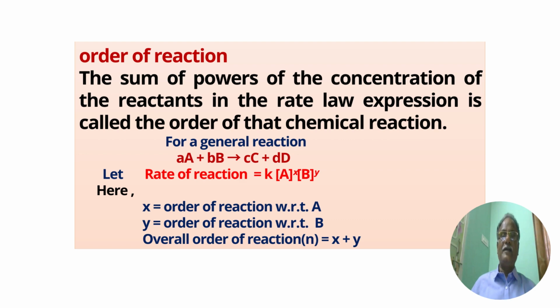For a given chemical reaction, the rate of reaction can be expressed as follows, that is, K into A to the power of X, B to the power of Y. X is equal to order of reaction with respect to A. Y is equal to order of reaction with respect to B. Overall order of reaction is equal to X plus Y.